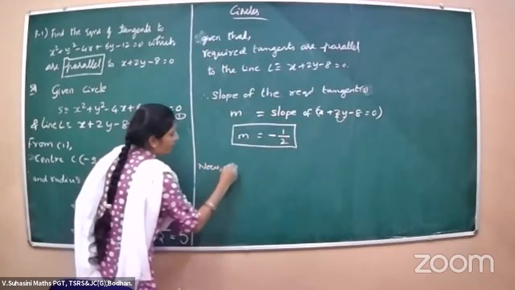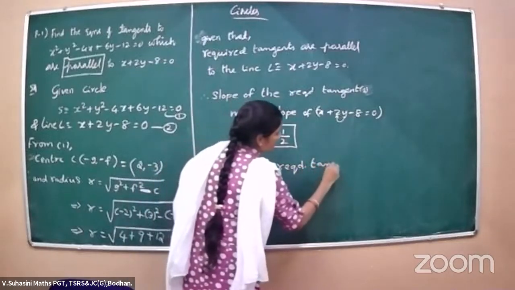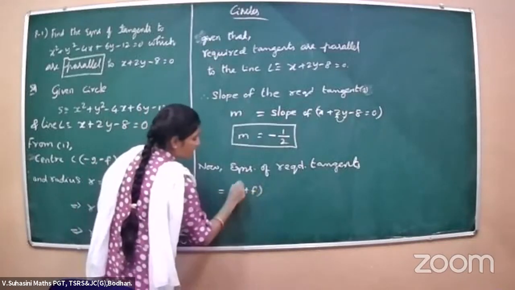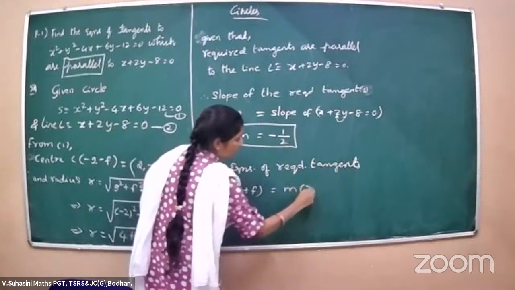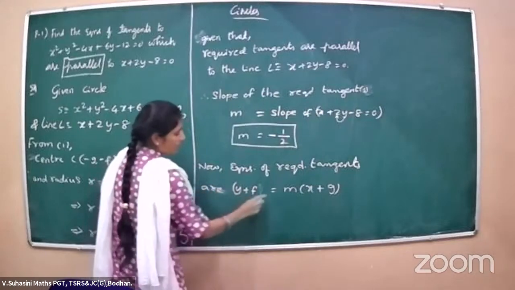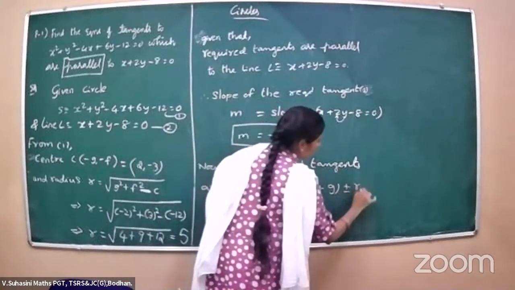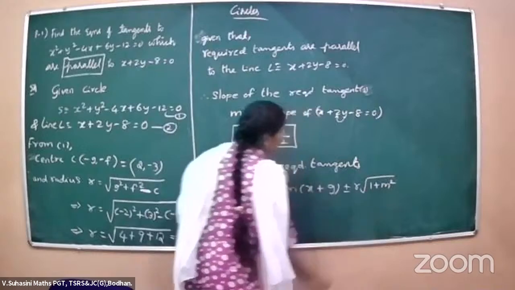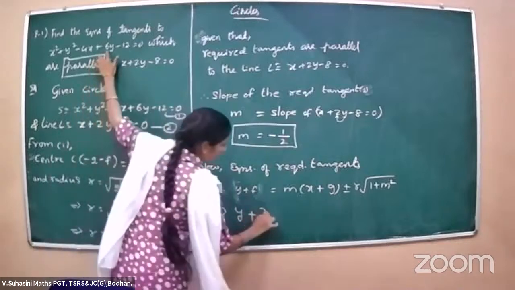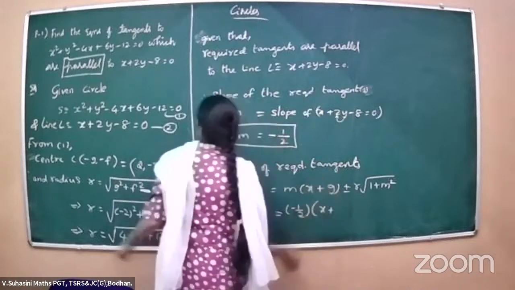Now, equations of required tangents. What is the formula? y + f = m(x + g) plus or minus r under root of 1 + m squared. You need not write the bracket. Here, y + 3 = minus 1 by 2 into (x + g), what is g?